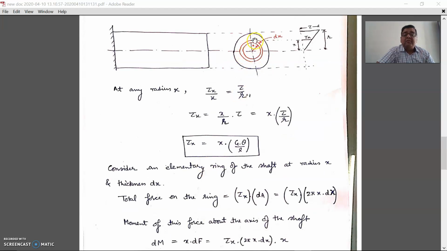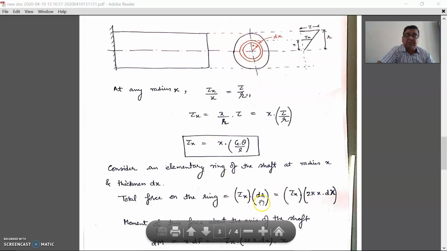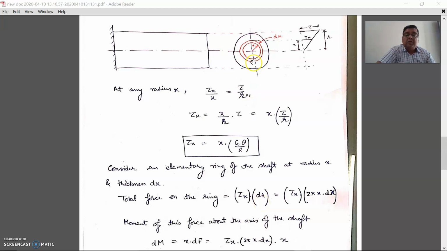If I wish to know the total force experienced by this ring on the shaft, it is tau x multiplied by dA. Tau x is the shear stress and dA is the area of this ring, which is 2 pi x multiplied by dx.